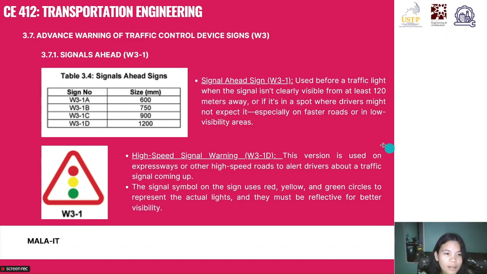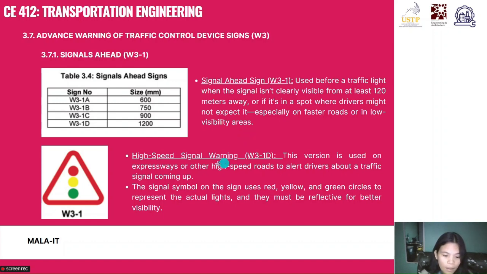And then about the advanced warning of traffic control device signs. First is the signals ahead. So it is used when traffic signals are not visible from at least 120 meters or are unexpectedly located.